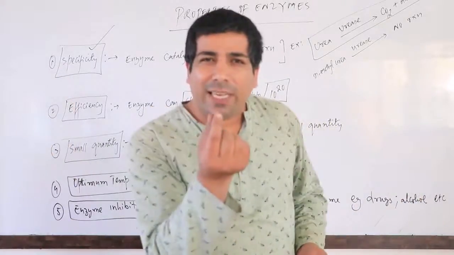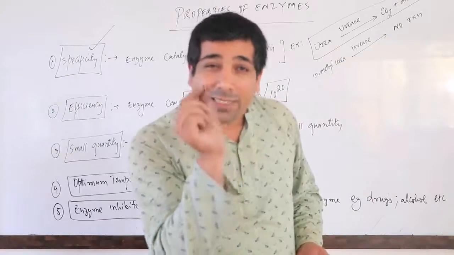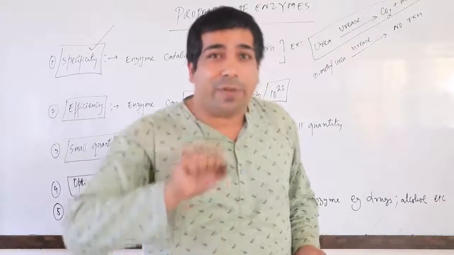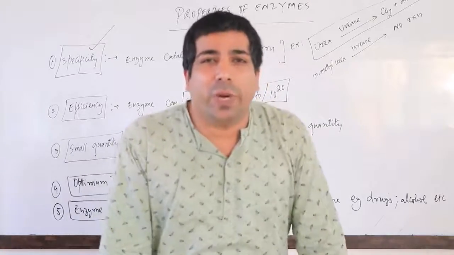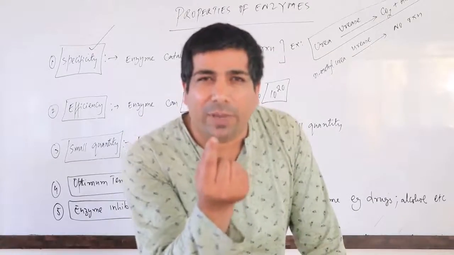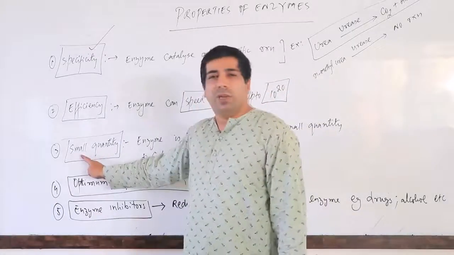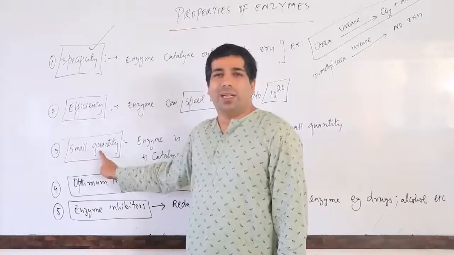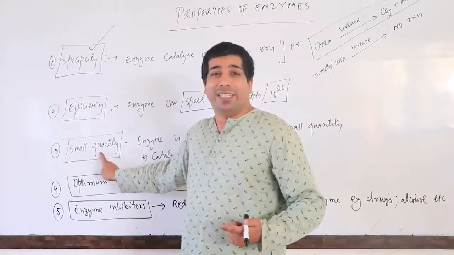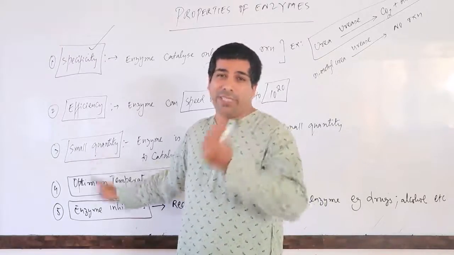You can use enzymes in micrograms or nanograms, and that small quantity of enzyme is capable of catalyzing a particular reaction. That means we don't require enzymes in large amount. That's why I wrote here that enzymes are always required in small quantity, not large quantity. Okay, so they are very efficient. They can catalyze the reactions even if a small quantity of enzyme is taken.